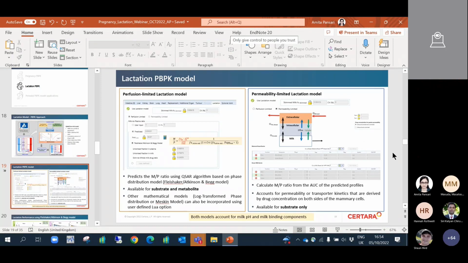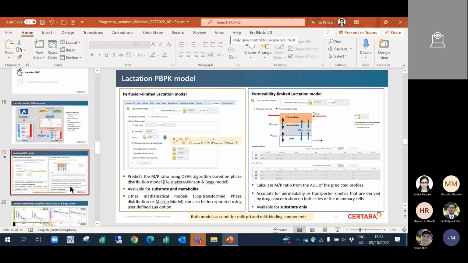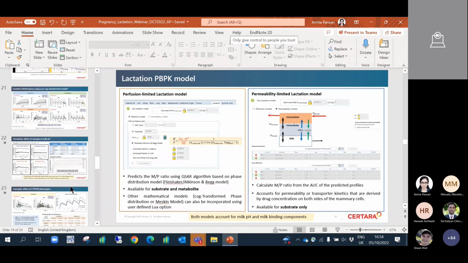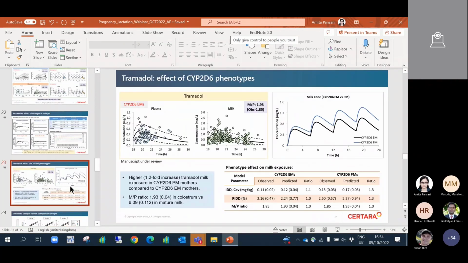Yeah, I have another question. Because you have all the transporters given here, you implemented them in this model. In your 2D6 example for the EM and the PM, why would the milk to plasma ratio be different? I can understand the plasma concentration will be higher, but if it's just passive, you will have a similar milk to plasma ratio. Why would the ratio change? Because the exposure is changing. But your milk exposure should also change, right?